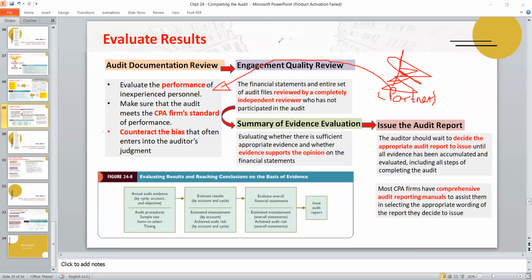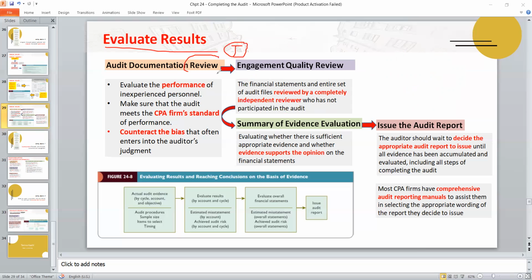That's why, before the partner signs the audit report, the results from the team need to be reviewed, and from this review a summary is made. This summary will be used by the partner to make a decision on the opinion.